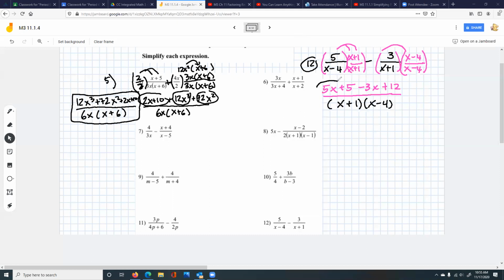Okay, combine like terms. 5x minus 3x, well, that's 2x. And then 5 plus 12 is 17. That's not going to factor. 2 doesn't go into 17. We have x plus 1 and x minus 4. So that's about as far as we can go. That's how we combine them. That's how we subtract the two terms to make a common denominator.